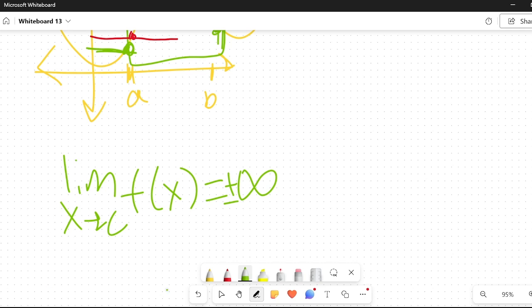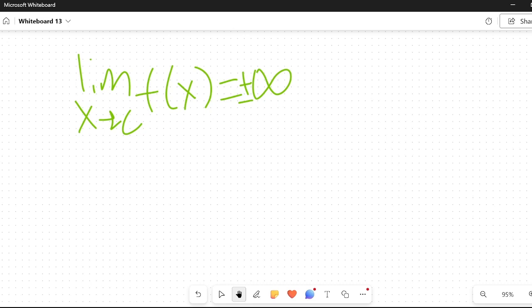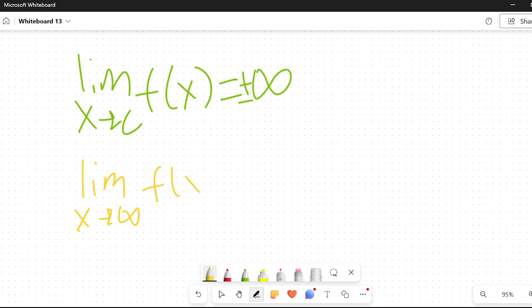And then to evaluate horizontal asymptotes of the function, we'll have to evaluate the limit as x approaches infinity of f of x. Whatever that equals will be our horizontal asymptote. And as x approaches negative infinity of f of x, it'll be some value too. There are two cases.